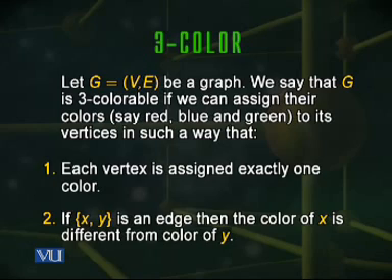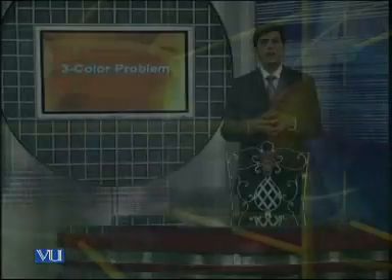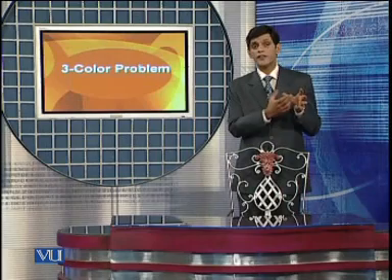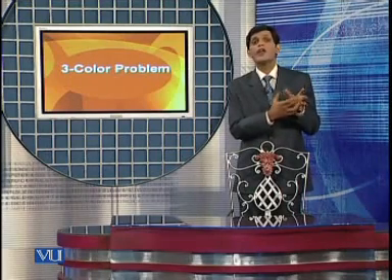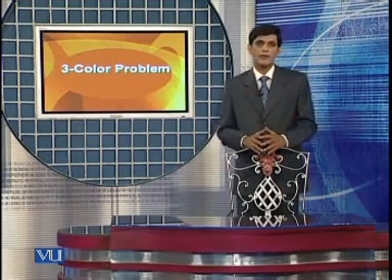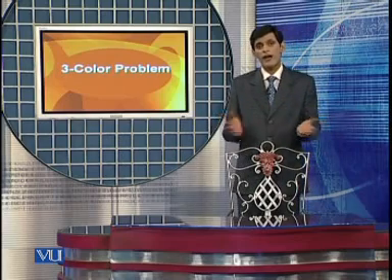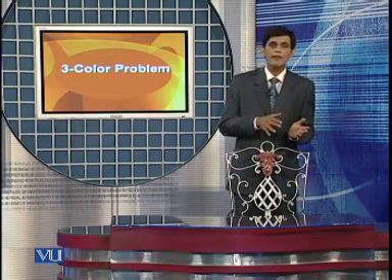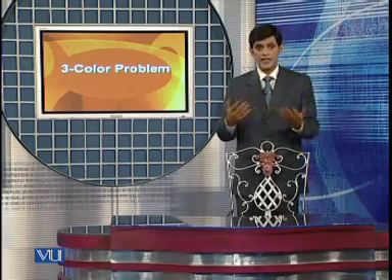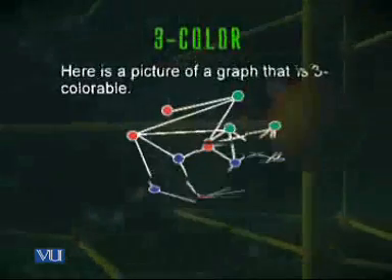And the second requirement is that if xy is an edge, then the color of x is different from the color of y. So if we can assign three colors to a graph such that no edge is monochromatic, we call the graph three-colorable. Now, this is a graph theory question. I can give you a graph and I can ask you whether the graph is three-colorable or not. Let's look at a few examples.